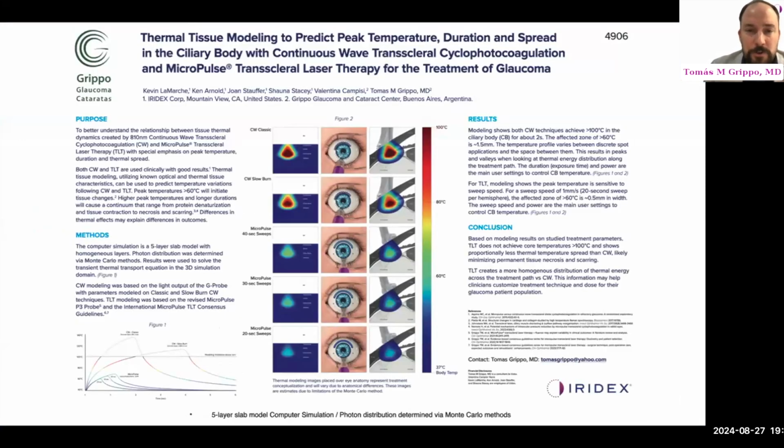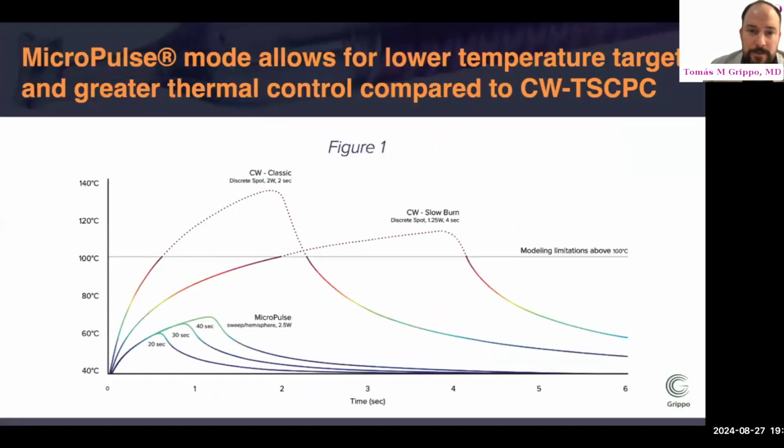And this is a poster we presented at ARVO just recently. It's a thermal modeling of the temperatures that you would get within the target tissues when you use traditional CPC versus MicroPulse. And this figure actually highlights those differences very well. On the y-axis, you can see the temperature that is being reached.